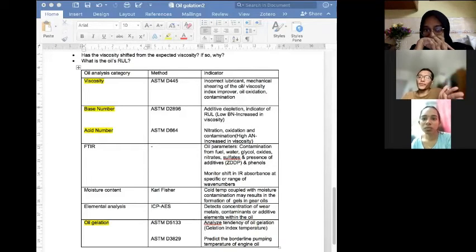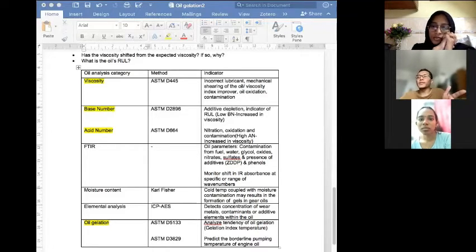So from that experiment, we know the maximum and minimum temperature that our oil is capable of standing. Then we can deduce that if the temperature at the mountain is below the range, that could be the reason why it gelatinized.